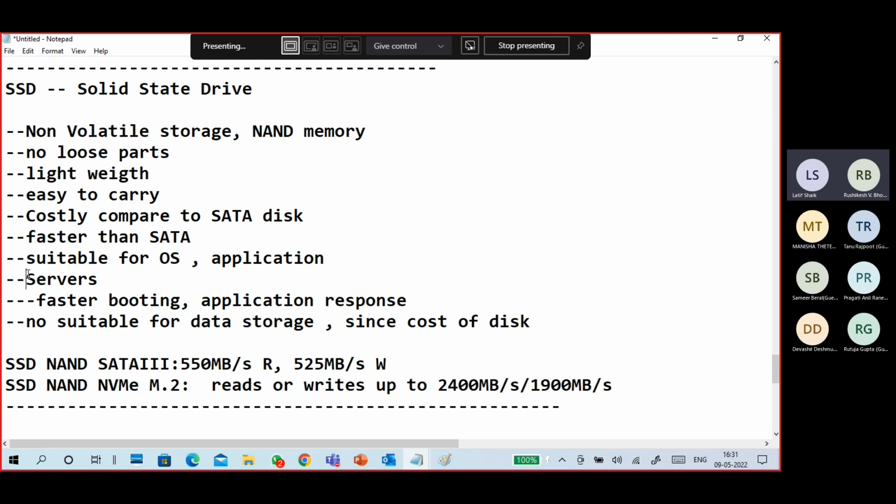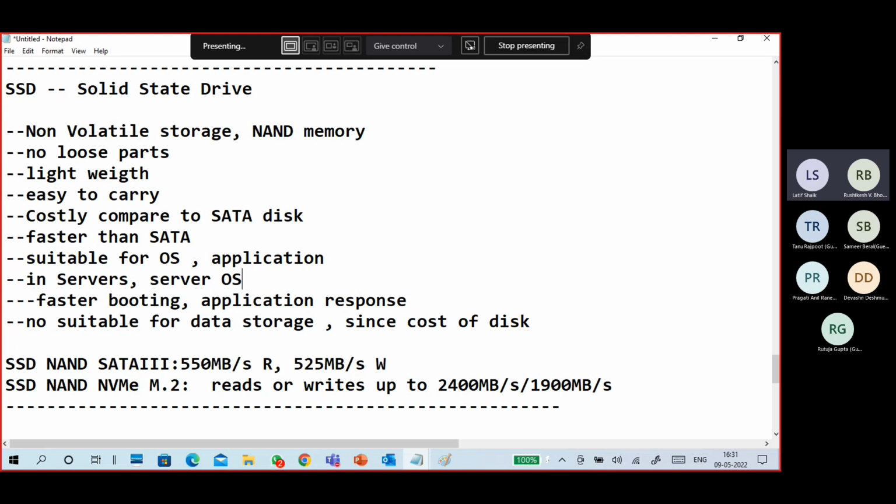In servers, booting will become faster, for server OS installation purposes, not for server data storage. Normal systems we are using nowadays generally run a server OS. It is easy to carry because it's very lightweight, with no loose parts.